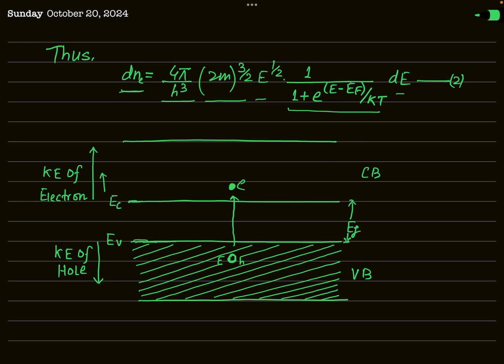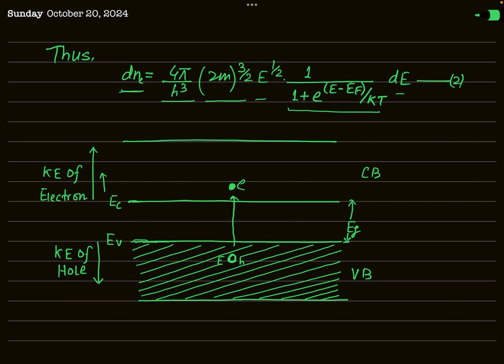So there will be some different values of some quantities if we are talking about the electrons in the conduction band of the intrinsic semiconductor. So what will be the difference when we apply this result to the electrons moving in the conduction band?